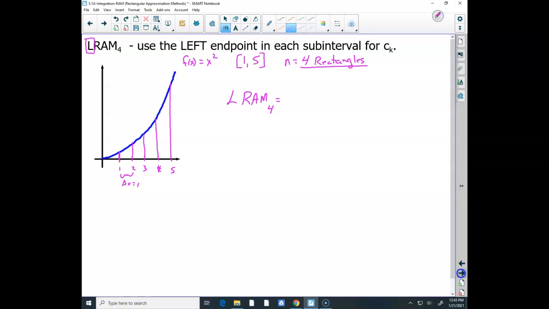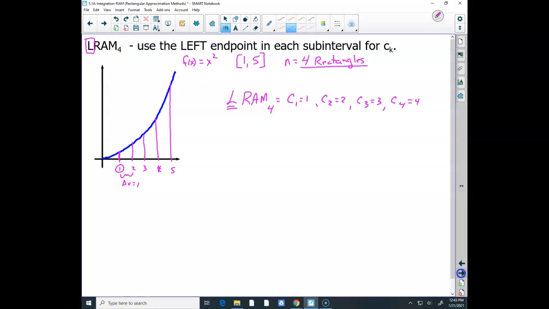So for my left RAM with n = 4, if I'm using the left endpoint in my interval, 1 is going to be the height of my rectangle. So c sub 1 is going to equal 1, c sub 2 is going to equal 2, c sub 3 is going to equal 3, and c sub 4 is going to equal 4.